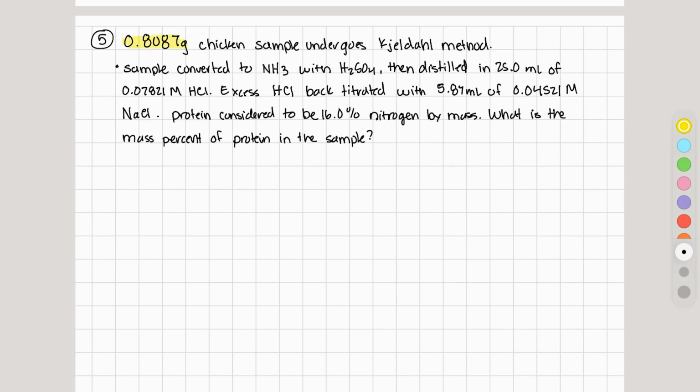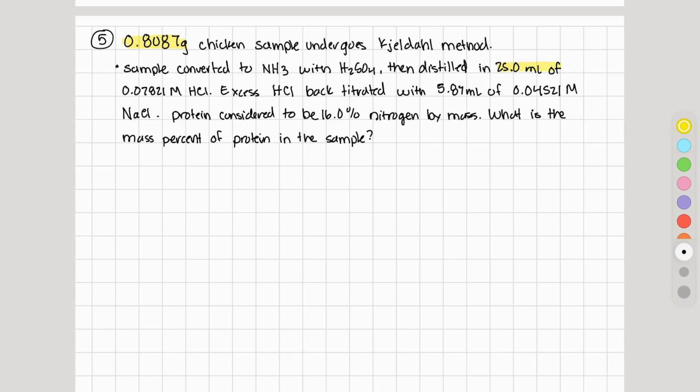The first thing that's important to know is the initial amount that we had in the sample. So we have 0.8087 grams of this chicken sample. It tells us it undergoes this Kjeldahl analysis. So some of that sample is converted to NH3 with the H2SO4 and then distilled into 25 milliliters of 0.07821 molar HCl. It's a lot of words, a lot of chemicals.